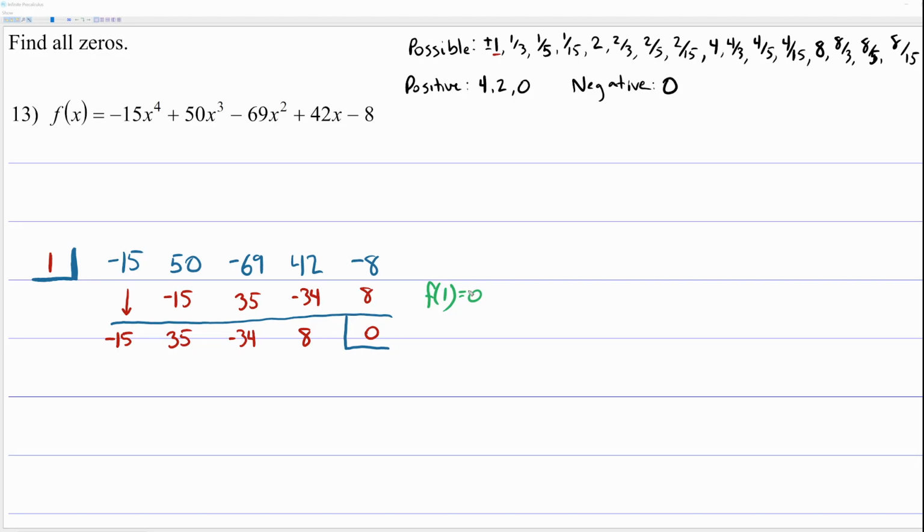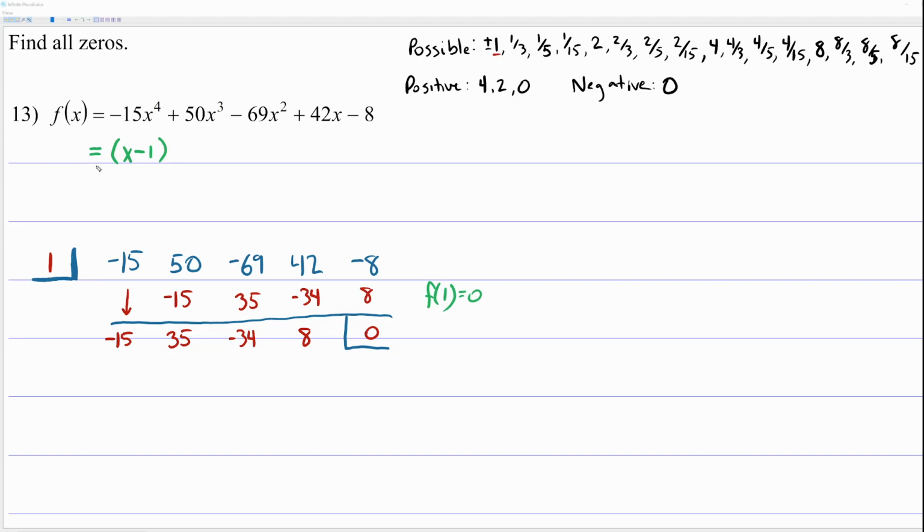But more importantly, we learned this when we were looking at polynomial long division, we've also factored our polynomial. So our polynomial, the original polynomial, that was the dividend of our division problem. Our divisor was x minus 1, whatever number's in the box. X minus that is the factor that you discovered.